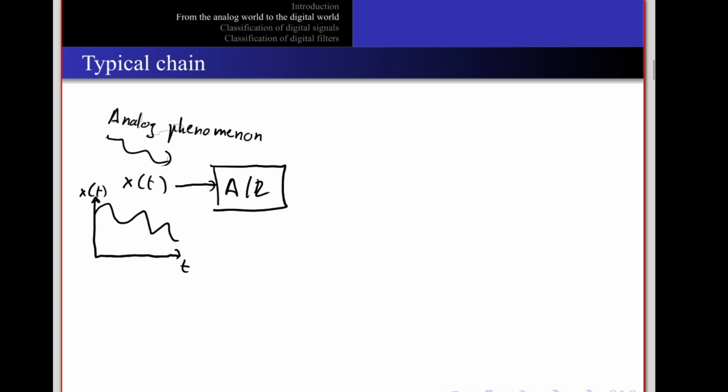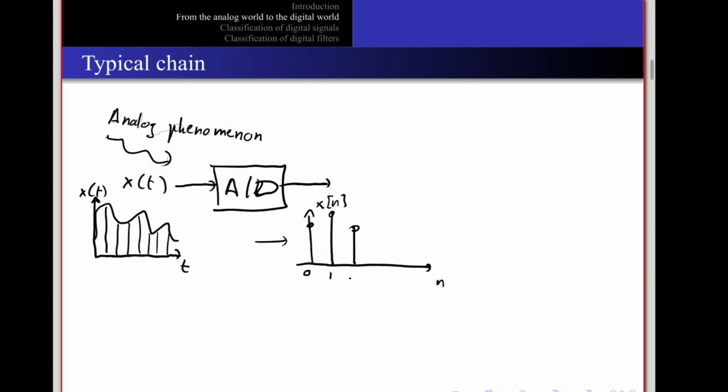And this continuous time signal goes into an analog to digital converter, which will basically consist in sampling the signal and normalizing the time scale, so that now, instead of having the original signal, you have a sequence of numbers.